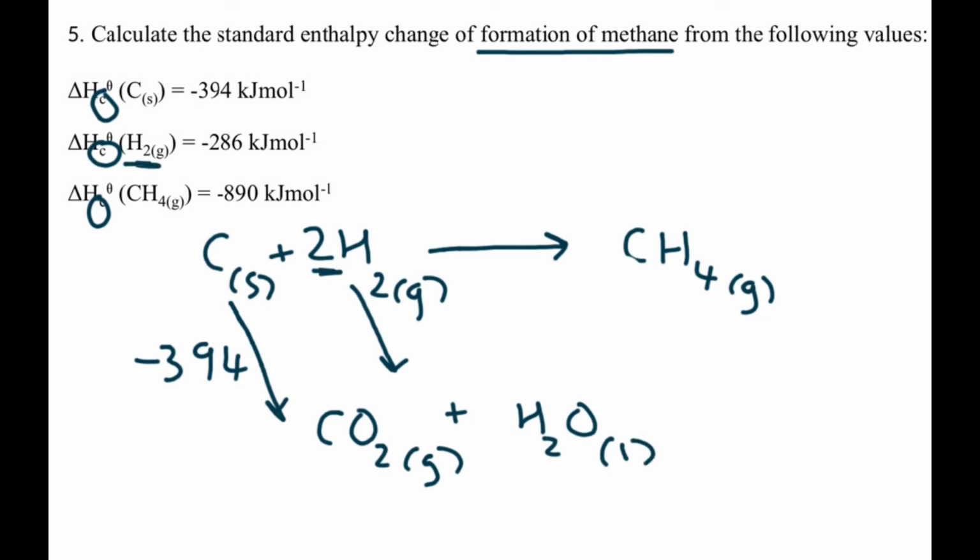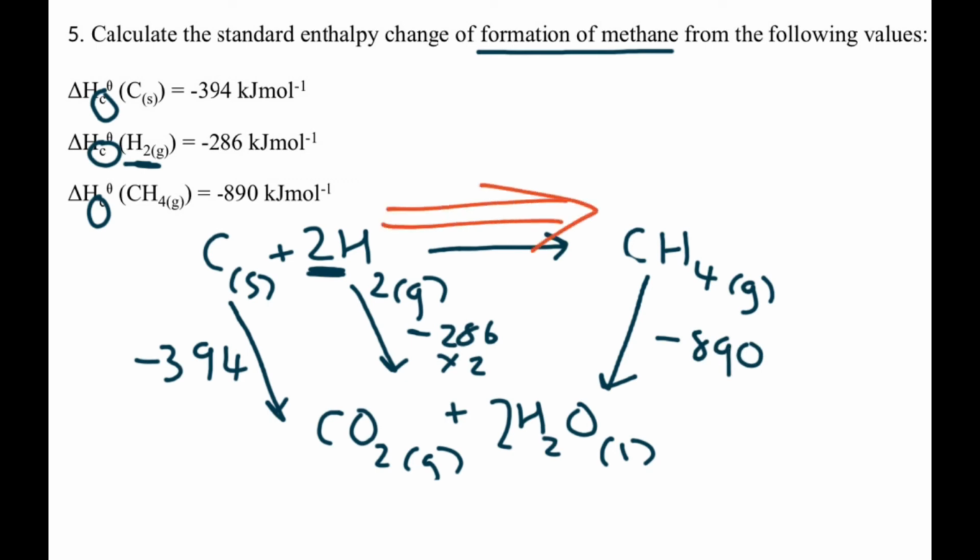This is for the combustion of 1 hydrogen, so you're going to form 2 waters. So we're going to do -286 times 2 because you've got 2 hydrogens. And then when you combust methane, can you see that your items are already there? The value for that is -890.